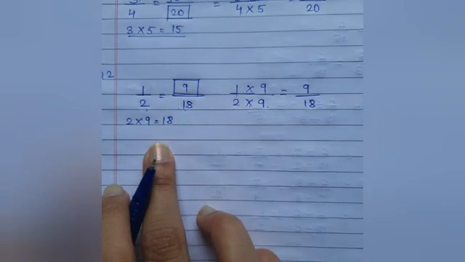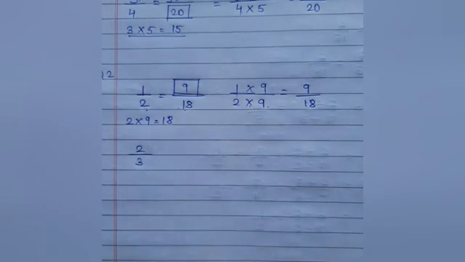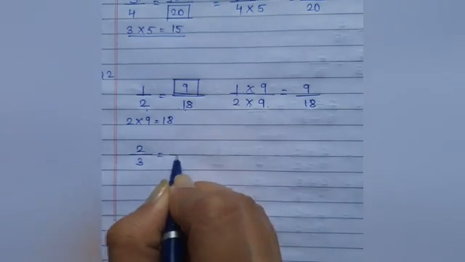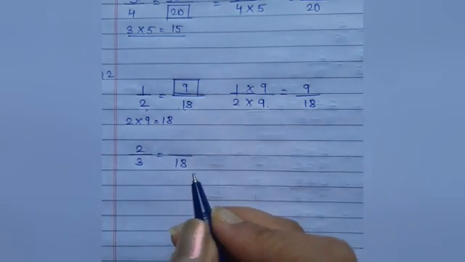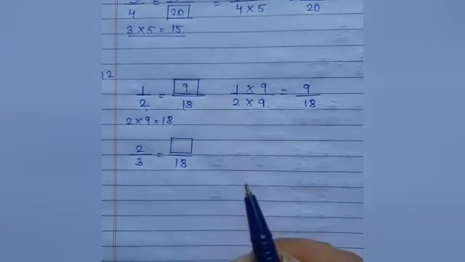Similarly, the next, that is 2 upon 3. Here also we are given the denominator 18, whereas we are supposed to find the numerator.